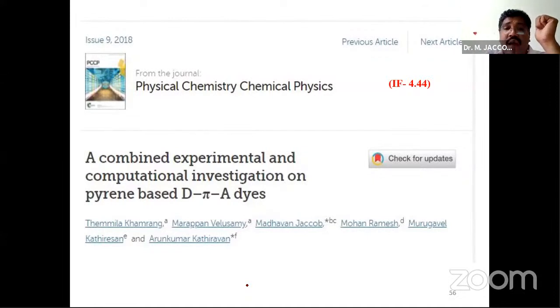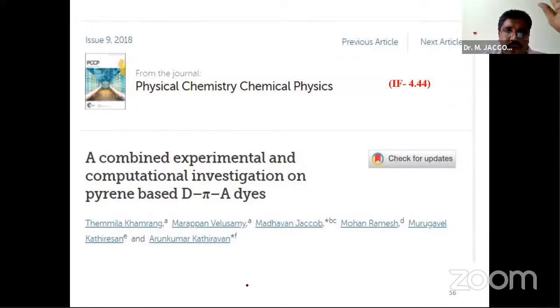Then we compare with our results, discuss and correlate. If it meets the needs of our expectation, only then will we send it for publication. Otherwise, we will leave that work in a dustbin.